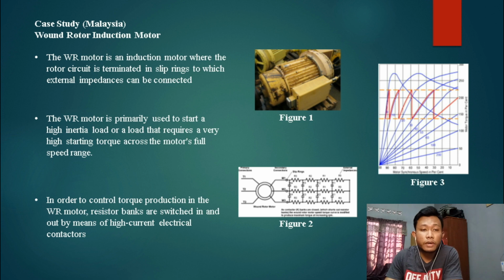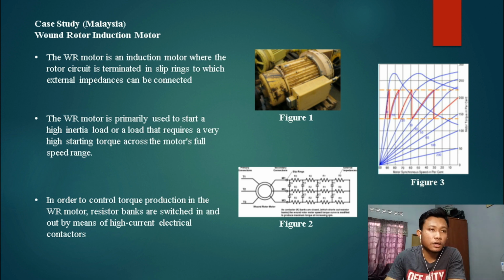While the resistor banks are typically not prone to failure, the contactors which switch resistor banks in and out of service for speed control of the wound rotor motor are typically replaced or serviced on a yearly basis or more frequently depending on usage.